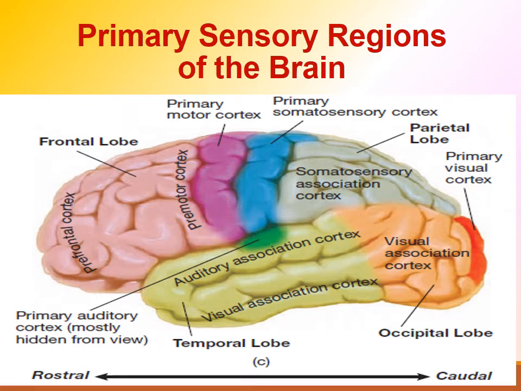It is near to the somatosensory cortex, which is important because of the location. It can receive the sensory information, and it is also involved in movement of a particular part of our body.